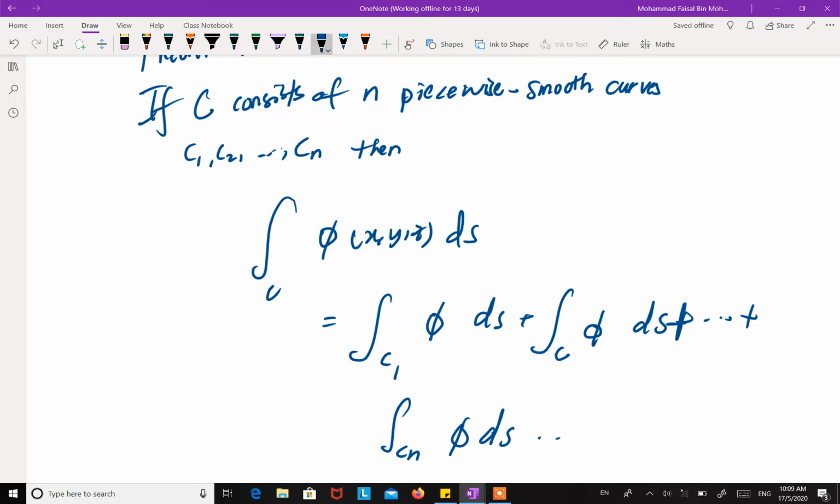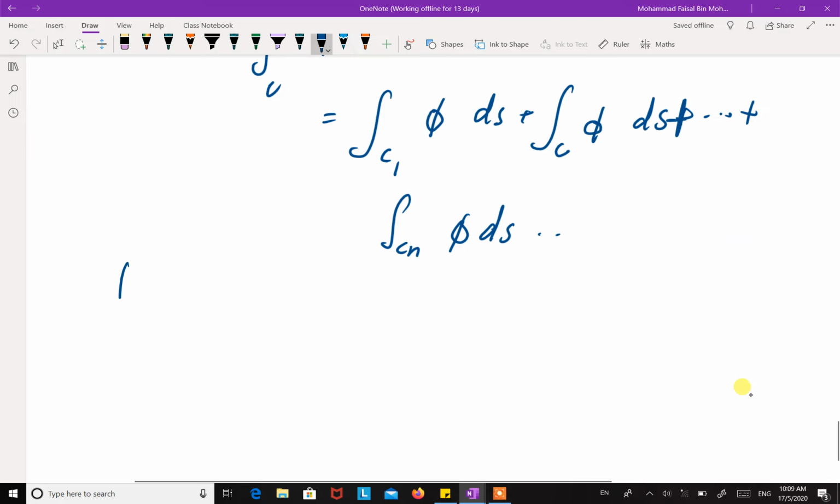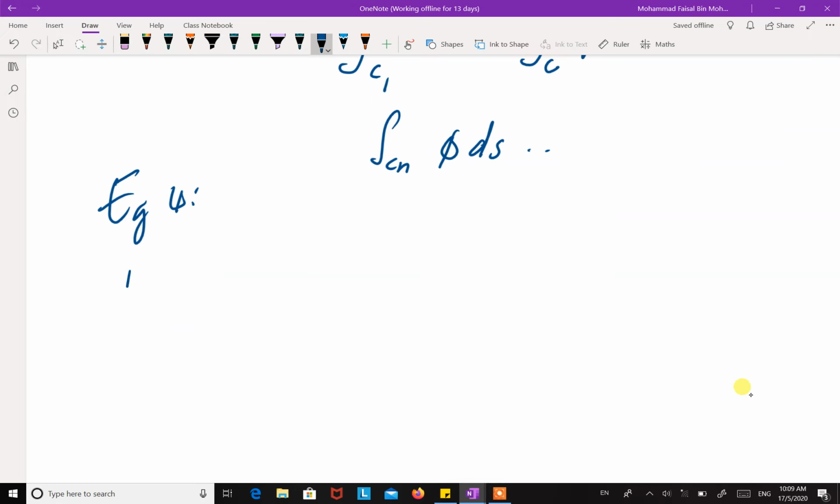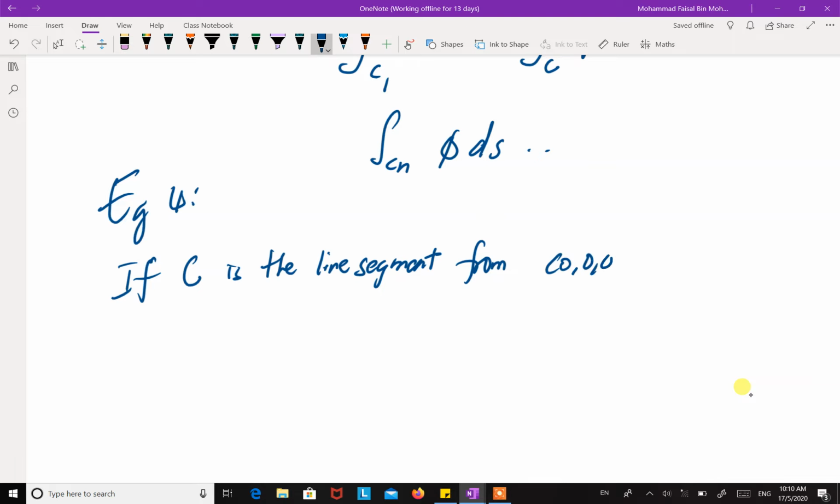Okay, example 4. If C is the line segment from (0, 0, 0) to (1, 2, -3), then to (-1, -2, 1).